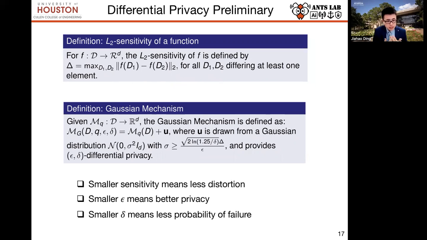To achieve epsilon-delta differential privacy, we can use the Gaussian mechanism like this one, and we add Gaussian noise U to the algorithms, with variance from this equation, which is proportional to the L2 sensitivity. As we can see, the smaller sensitivity means less noise, the smaller epsilon means better privacy, and the smaller delta means less probability of failure.